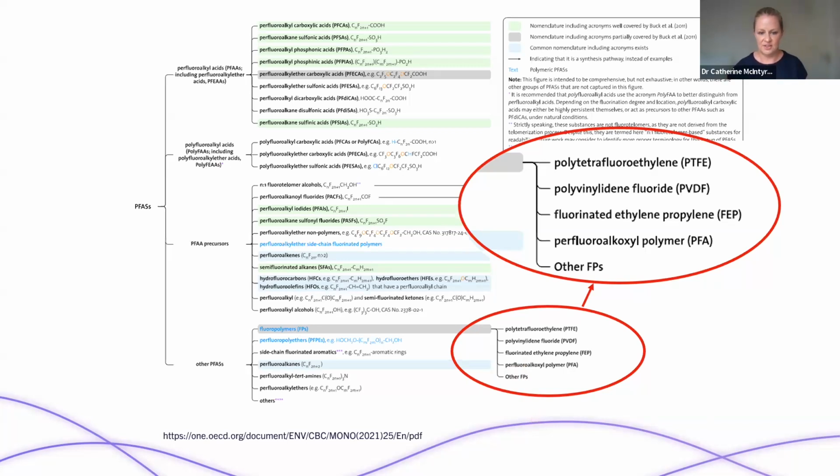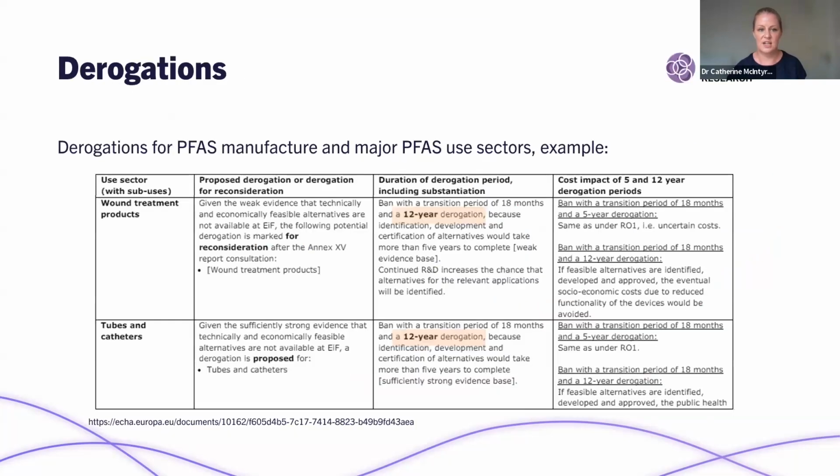Now, this is in consultation at the moment, and as part of their report, they do include derogations. So they recognise that there are essential uses for PFAS, and this is an example of derogations that they've proposed for medical applications, so wound treatment products and tubes and catheters.